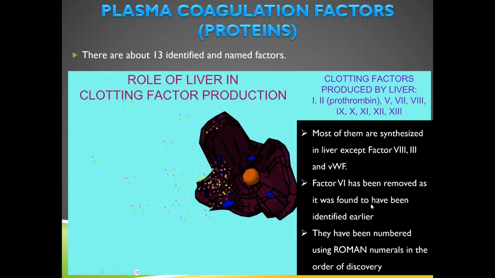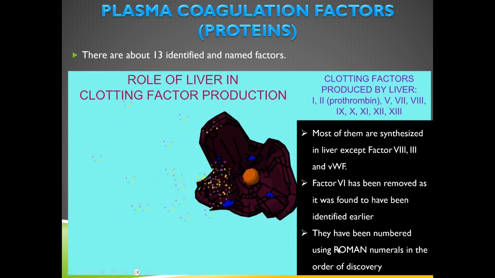If you see the list of coagulation factors, you will find 5 and then it will go to 7. So 1, 2, 3, 4, 5, 7. The 6 has been removed because it was found to be the same as a factor identified earlier.